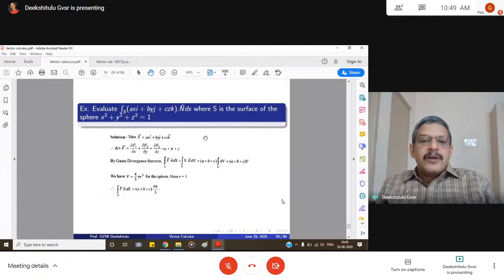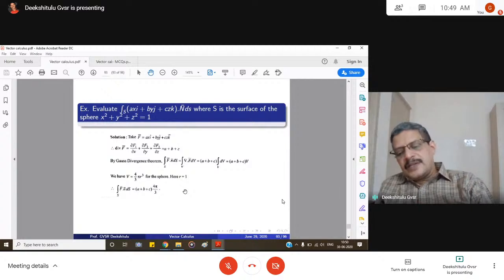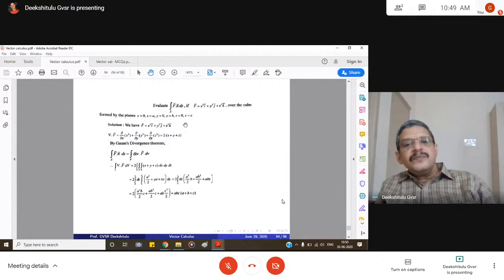For the given problem the radius is 1, so V is equal to 4 by 3 pi. So the surface integral of f dot n dS is equal to a plus b plus c into 4 pi by 3. So using these theorems, you can solve the problems easily.